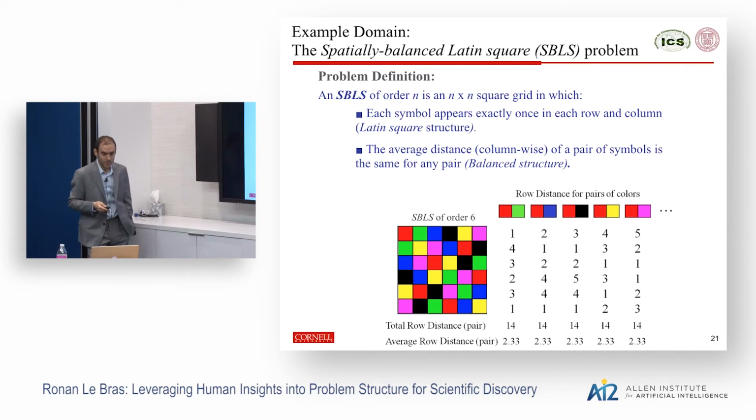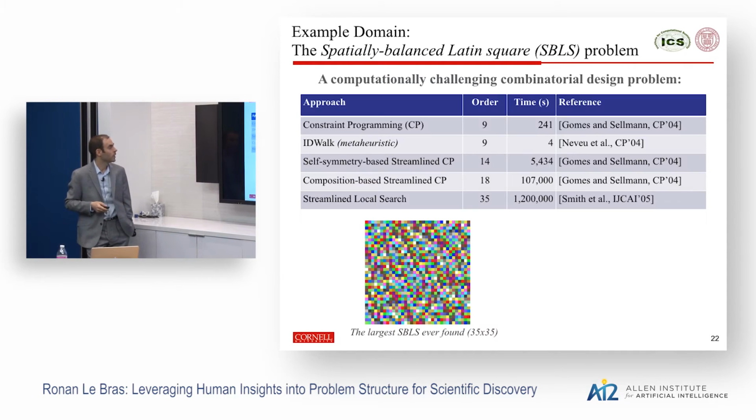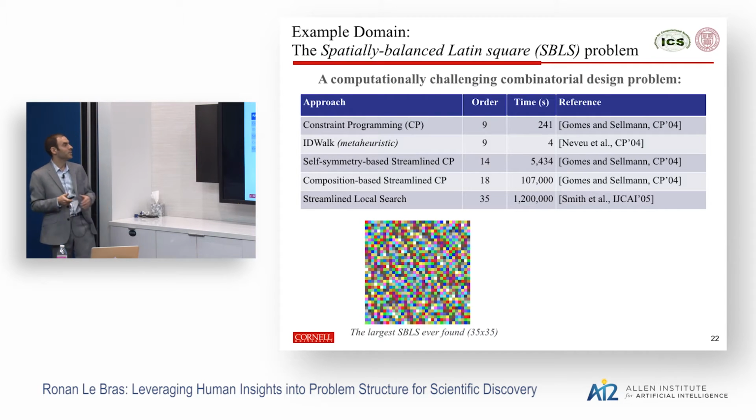And this problem turns out to be quite a computationally challenging design problem. So back now 12 years ago, using constraint programming, you could generate in the order of minutes a solution like this of order 9.